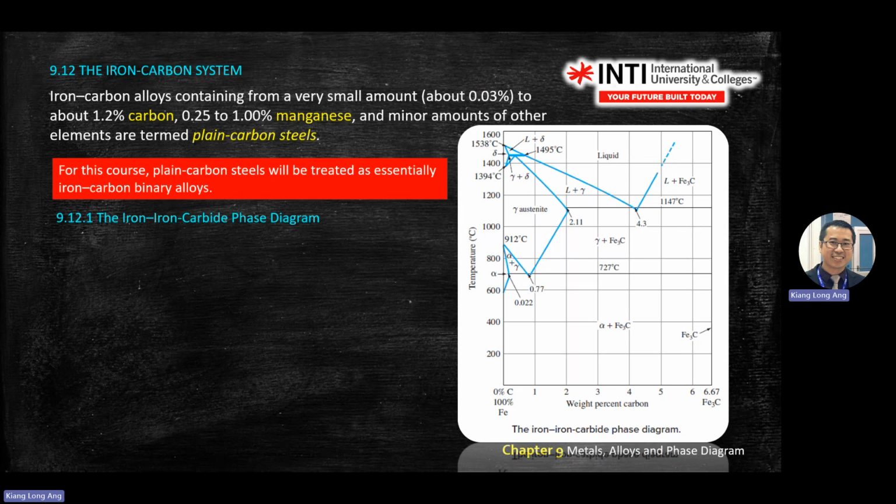But also important, you'll see delta, gamma plus delta, liquid a little bit here, liquid plus gamma. All these are solid already. Different species: gamma, delta, alpha.